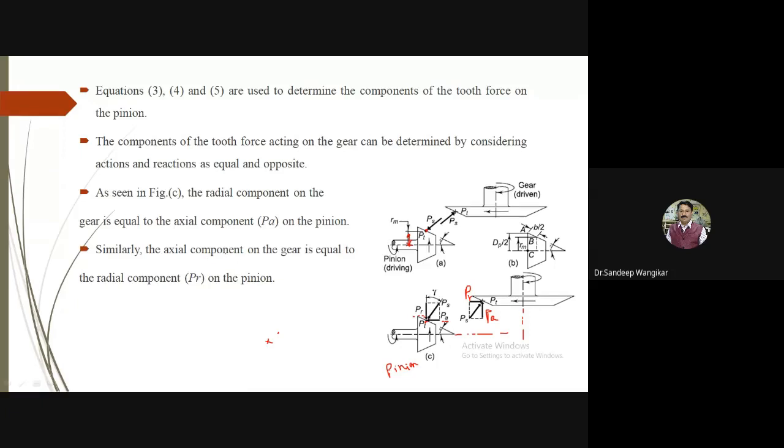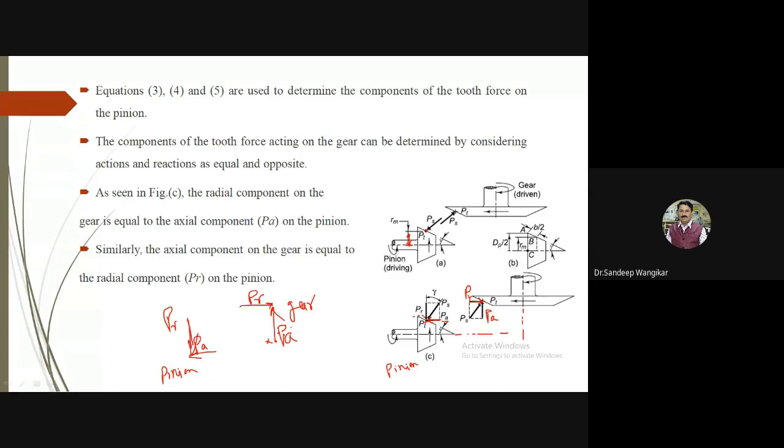So if you see the figure, this is the radial component of gear. It is equal to the axial component of pinion. So this is your PR for gear, equal to PA for pinion. And this is your axial component for gear, PA, which is equal to PR, the radial component of pinion.